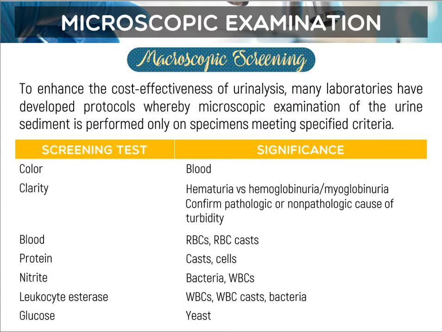We also have protein sa inyong cast kay as we will further discuss later on na ang cast, their primary constituent is a protein. Alright, so nitrite imong bacteria or WBCs, your LE, so mao ni inyong WBC, WBC cast, bacteria, and lastly, your glucose, your yeast, more specifically your Candida albicans.